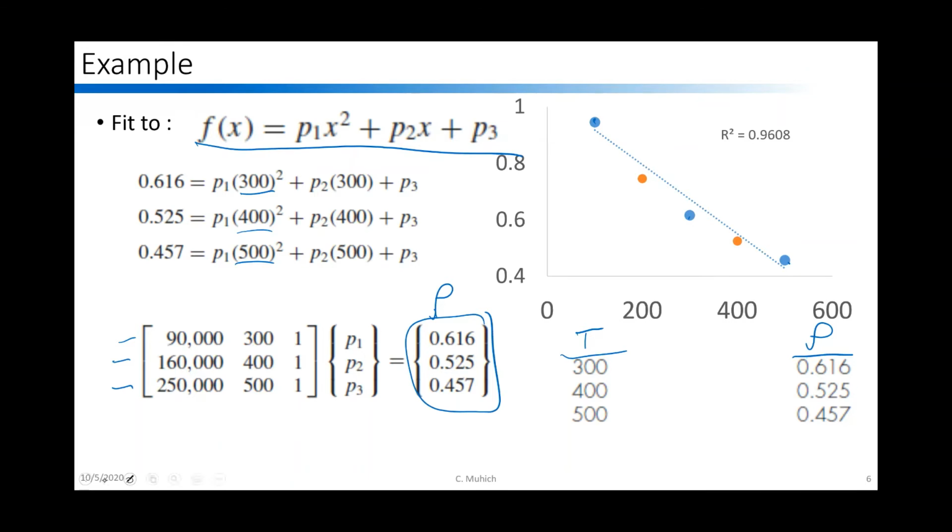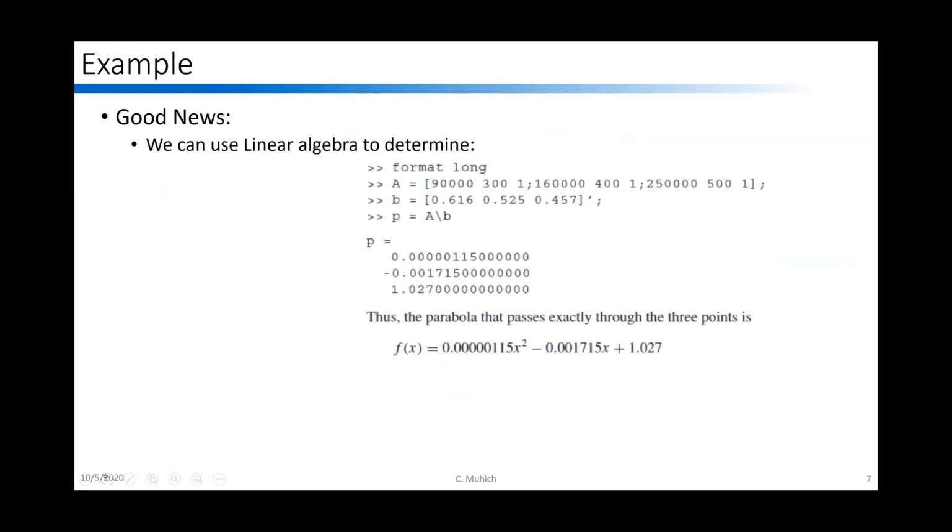Once this is made, it's relatively easy to now go and plug this into Matlab. I'm not going to type this all out, but I've pulled the answers out of Matlab. Just for the sake of making sure that we can see all the digits, I've put in the format long case and then typed in our A matrix based on the previous slide, the B matrix based on those densities, and then using back division, we can get our P's.